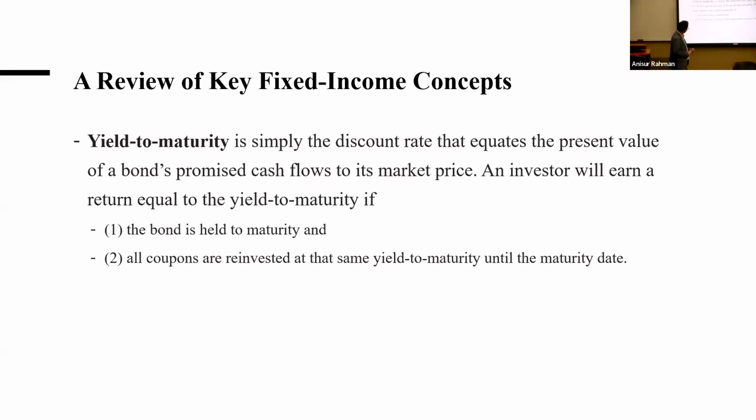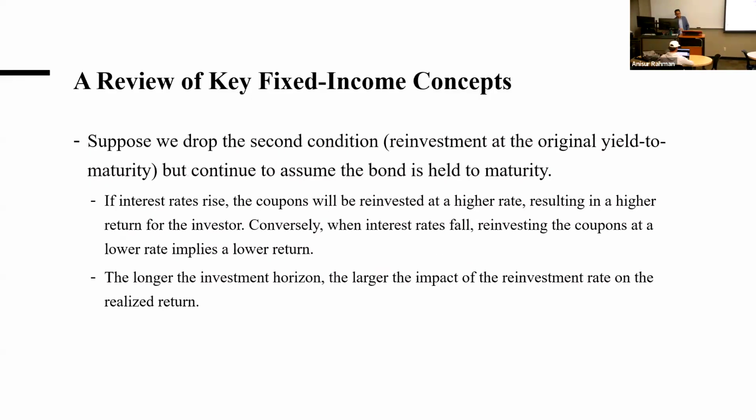So if the interest rates rise, what will happen? You will be able to reinvest those coupon payments at a higher rate. Isn't that right? So, resulting in a higher return for the investor, right?